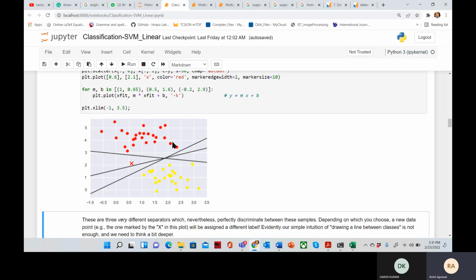There are a lot of examples. So it is for classification, first thing. Second thing is it gives very accurate results in terms of accuracy. There are a lot of models, but support vector machine is one of the best.